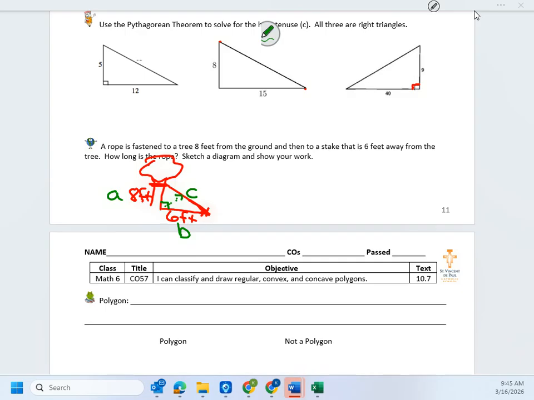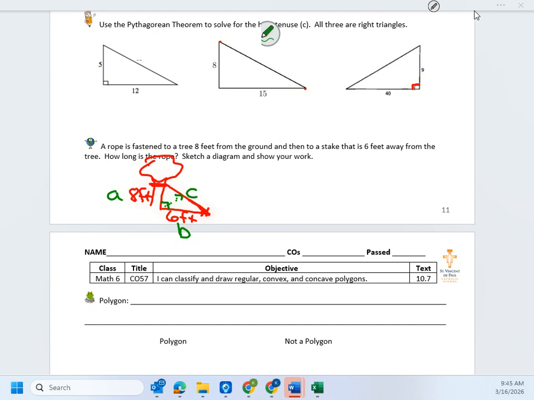Does that make sense? On the test, you're going to have to be able to draw a diagram. So draw your picture and label it how it's supposed to be. Any questions on this? I am going to point out that sometimes you're given two sides.